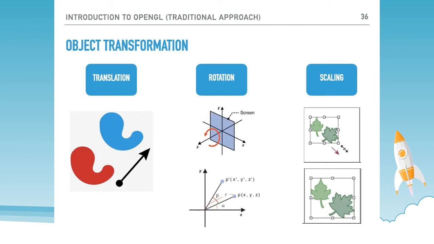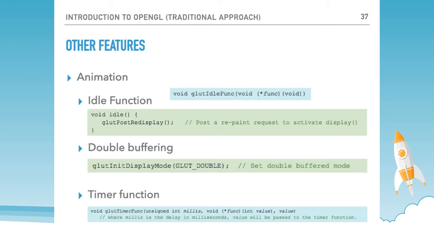Now, besides all these features that we have seen, we can also do certain object transformations, for example, translation, rotation, and scaling, to adjust or to define the location of our object in the workspace. Other features consist of animation, for example, rotating the shape via the GLUT post redisplay function.